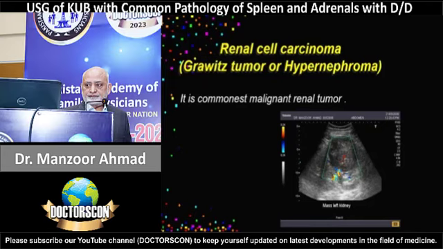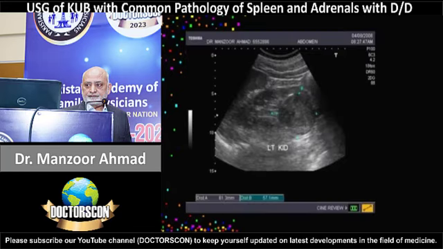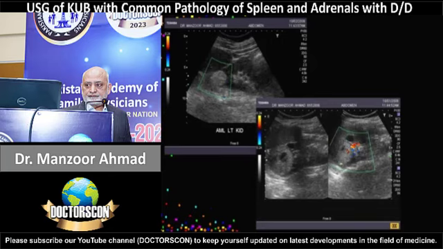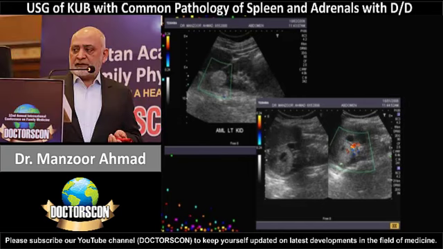Most of the time it is hypoechoic or of mixed echogenicity, but sometimes it may be bright, and whenever a bright malignant tumor is there, it will have cystic areas inside. As you can see, this is a well demarcated bright lesion, but it has cystic areas as well as vascularity on Doppler, so this is most likely a malignant lesion.